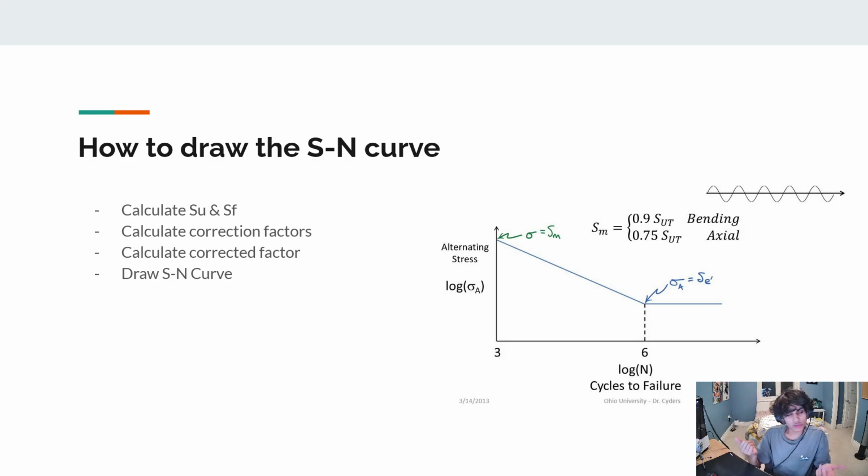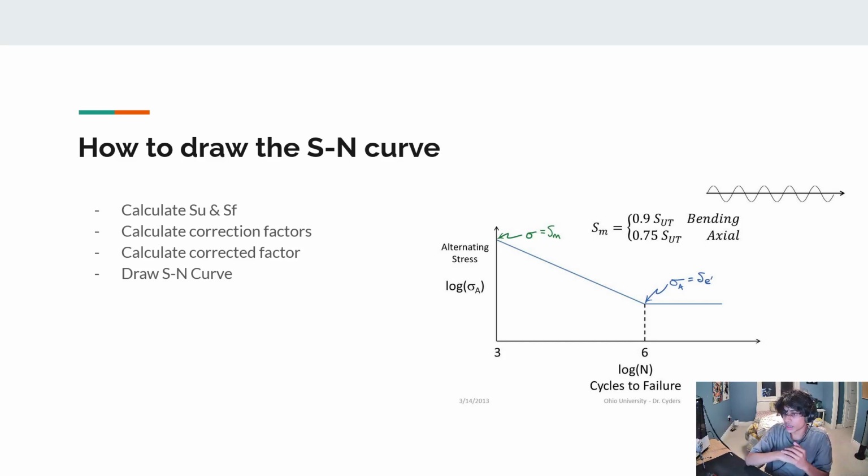So how do we draw an S-N curve, you might ask? Well, there's three things that we need to draw the curve. We need to calculate our Su and Sf, we need to calculate our correction factors, and we need to calculate our corrected factors. So basically, looking at this little graph here, what we're looking at at the very first point is the cycles, 1,000 cycles, 10 to the 3 cycles, right?